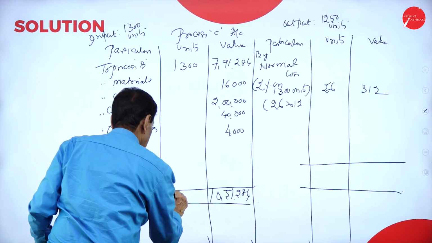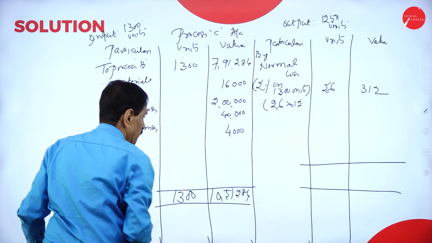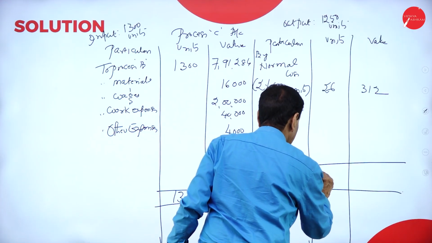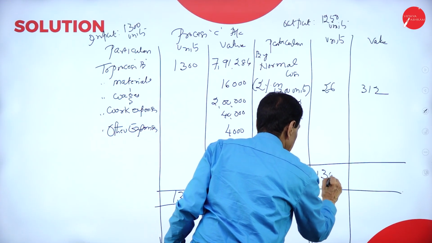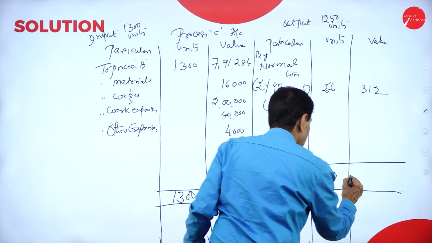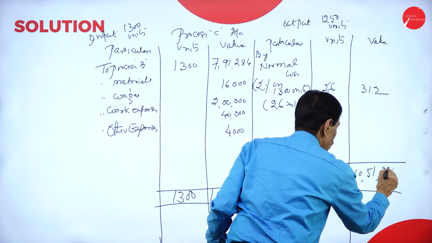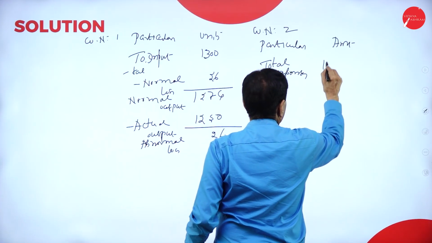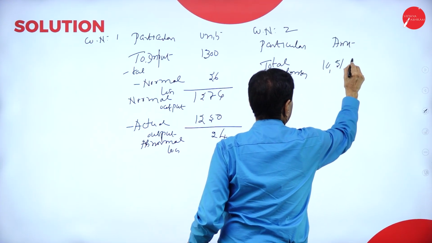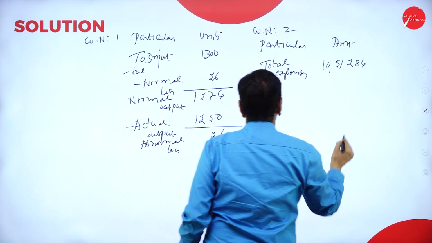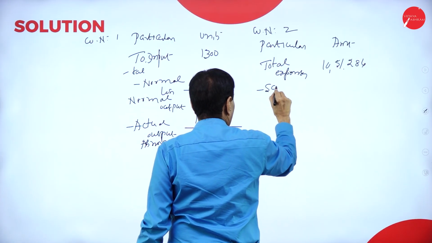This is for 1,300 units, 10 lakh 51,284. 10,51,284 minus scrap realized.